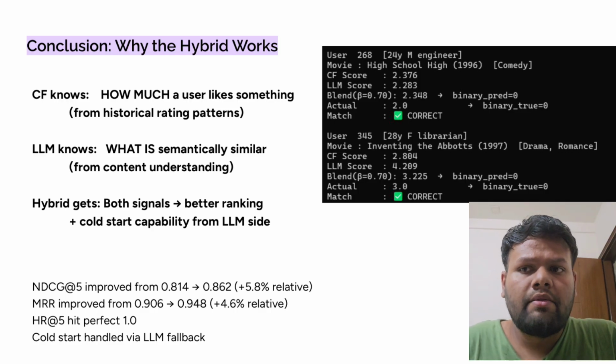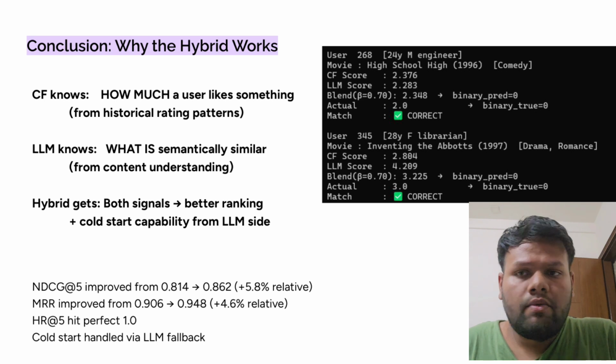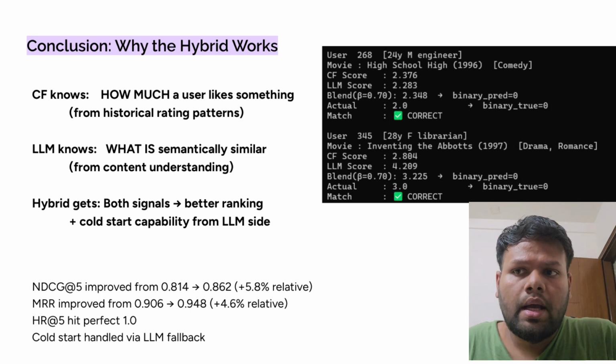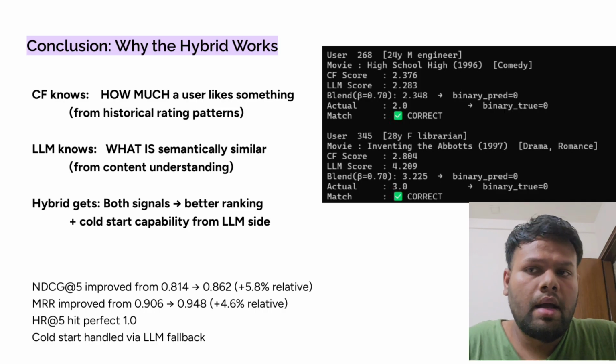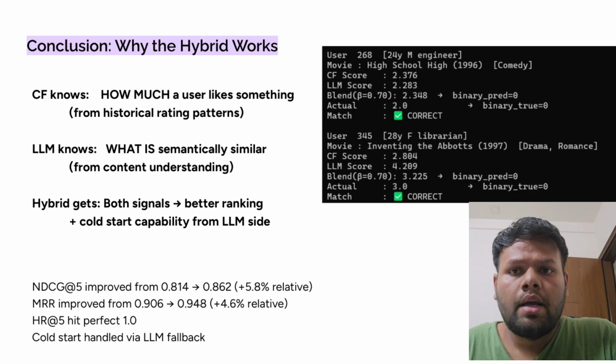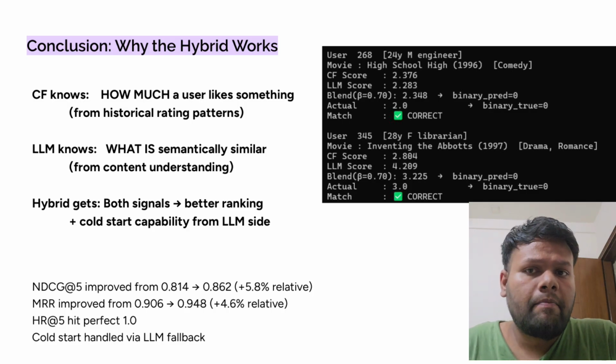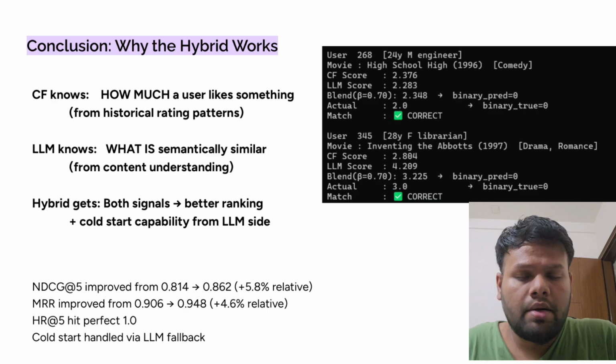We validated this across all five standard MovieLens folds, and NDCG at 5 improved by around 5.8% relative, MRR by 4.6%, and the hit rate at 5 hit a perfect 1.0, which is a really good thing.